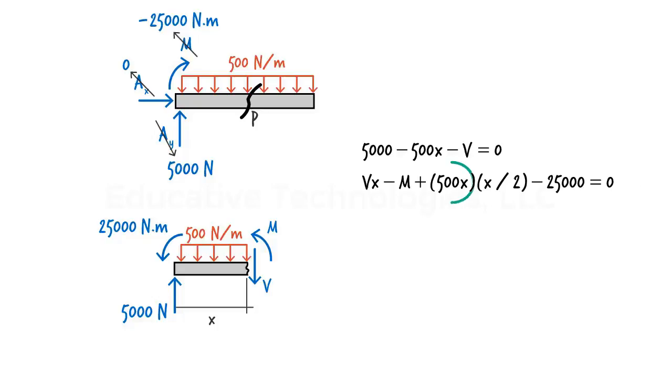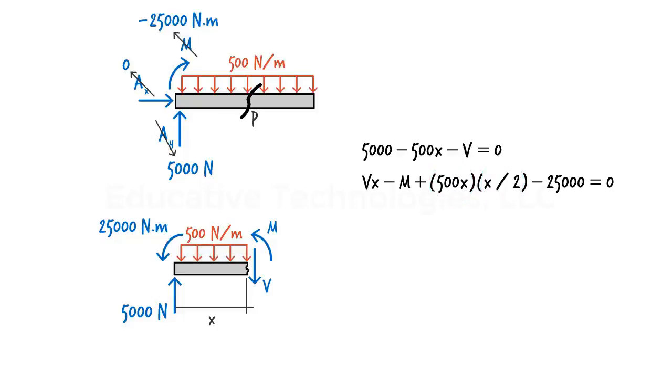Just like the first equation, here 500 times x is the area of the rectangle representing the distributed load. x over 2 is the distance from the center of the area to point A. Hence, the product gives the moment of the distributed load about point A.